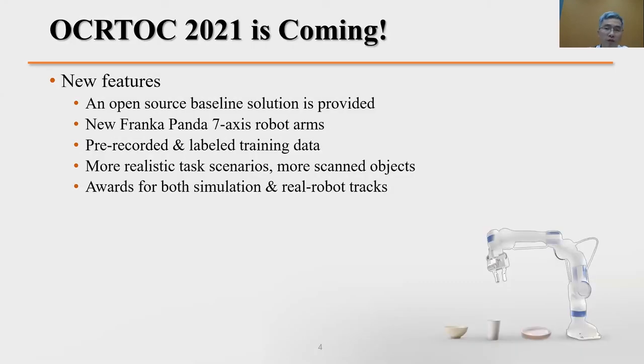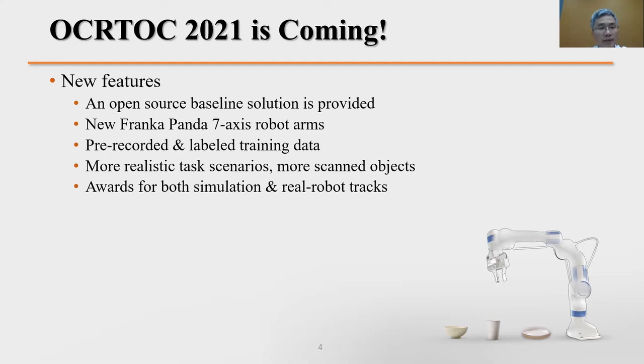So this year, we are very excited to have some new features. Firstly, we will have an open source baseline solution so that it will be easier for the participants to build on. For example, if a participant is only interested in the perception part, the participant can use our baseline solution for the planning part.